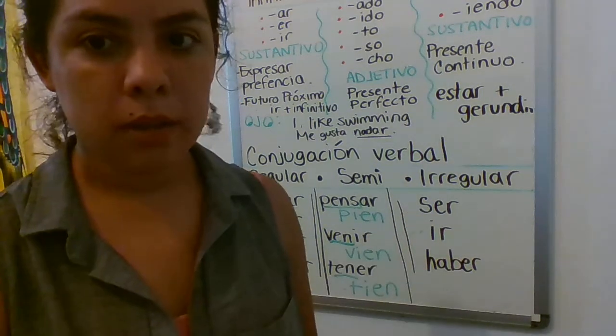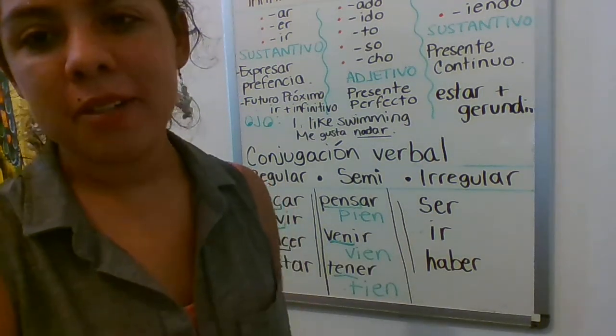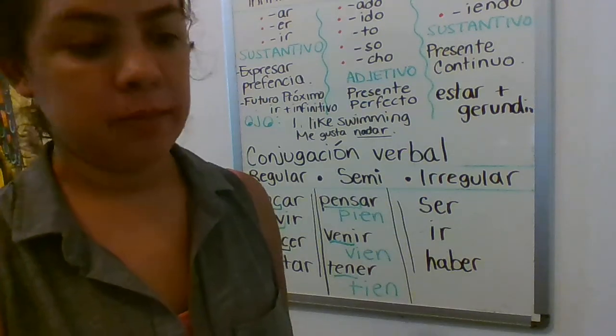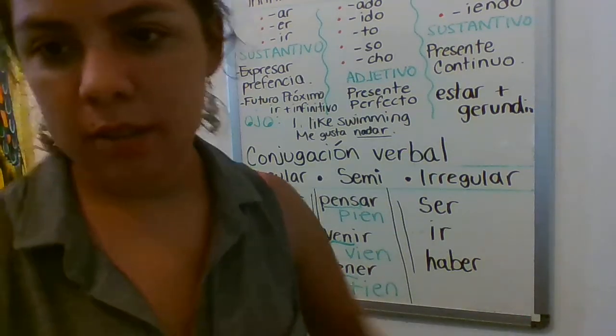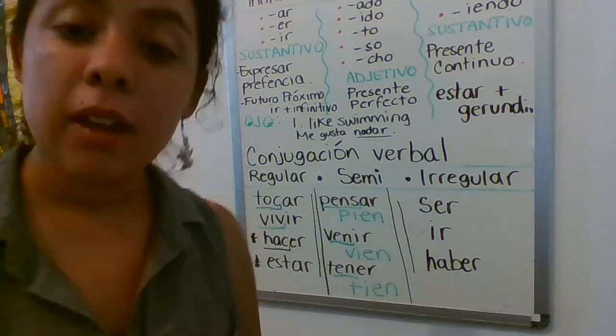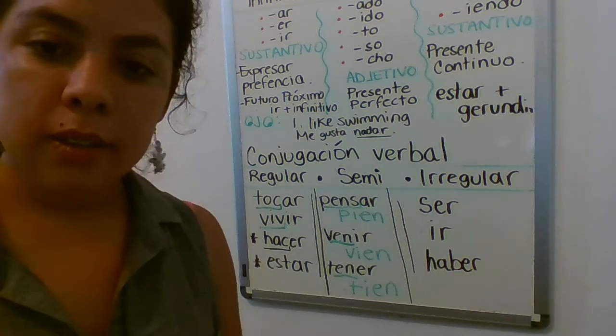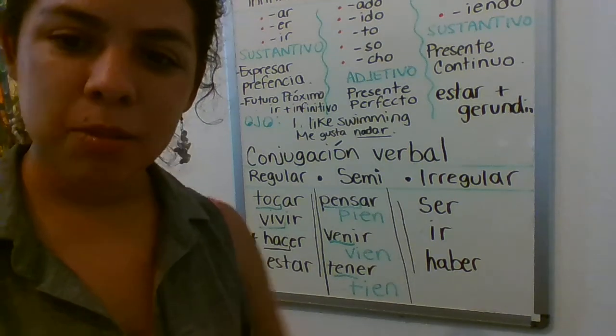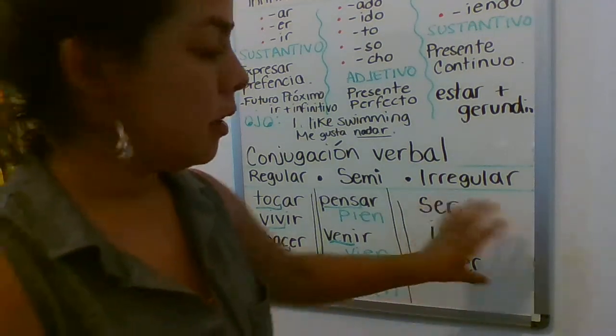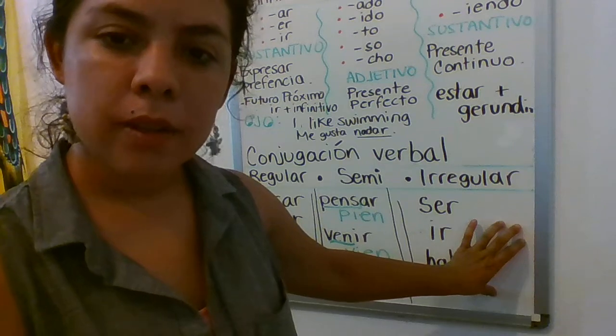Why did this happen? Why do we have these kind of verbs? Well, just a little bit of history, something interesting, is that these verbs are so old that they existed even before the rules. The rules came after these verbs.